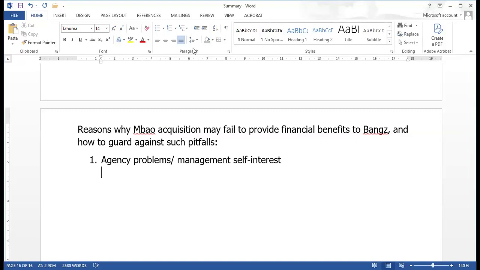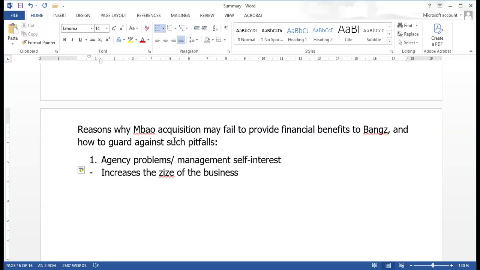are supporting the acquisition. Why? You may find that it increases the size of the business.